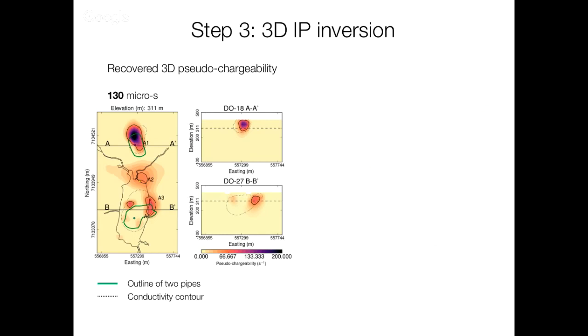So here is the recovered pseudochargeability at 130 microseconds. You see most of the chargeability is sitting up here at DO18, so it's very good. But at DO27, there's a concentration of chargeability here, and some up here. So that's the early chargeability.